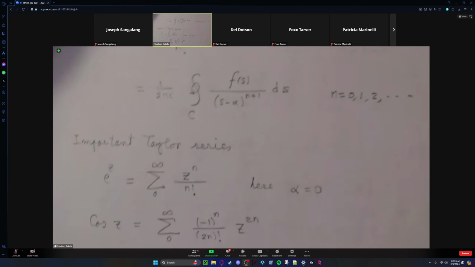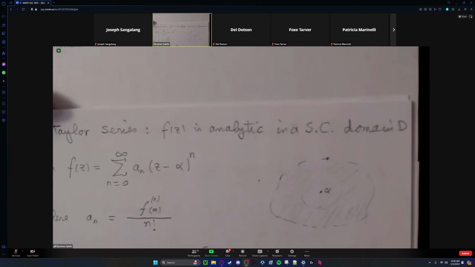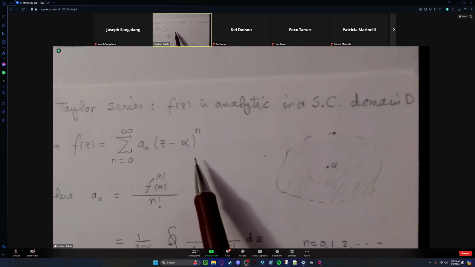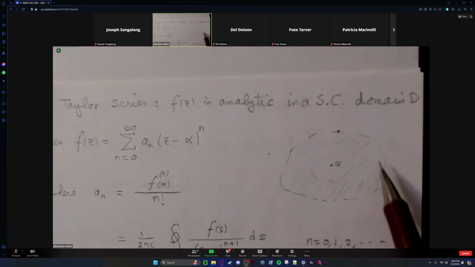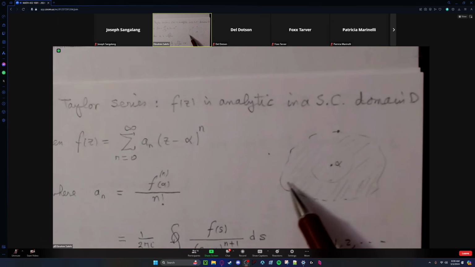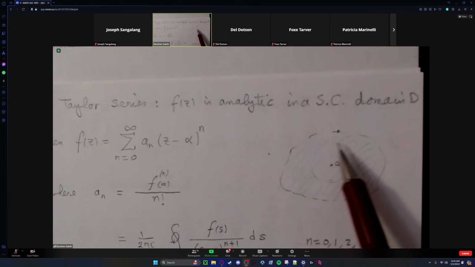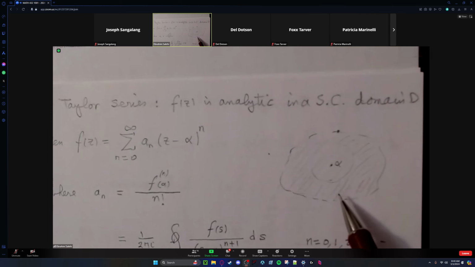Now, so let's look at this again. In Taylor series, the function is defined in here, a simply connected domain, and there is no singularity. There is no bad point here.